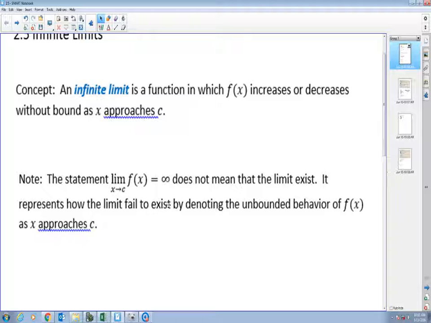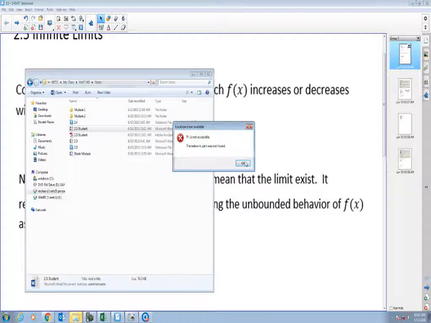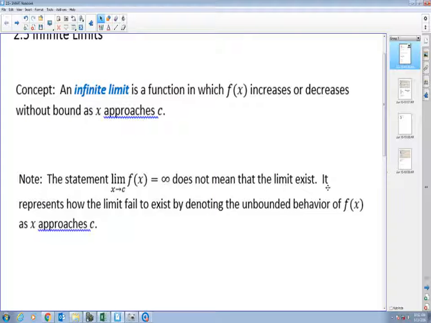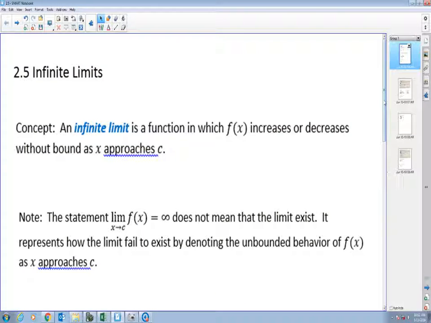But make sure we understand that if the limit of a function as x approaches c is equal to infinity, that does not mean the limit actually exists. It actually means that the limit doesn't exist.